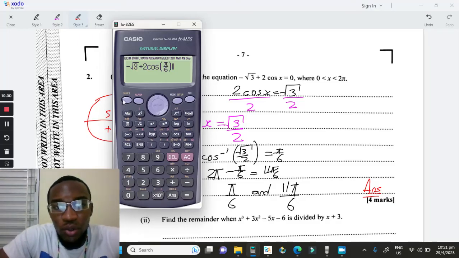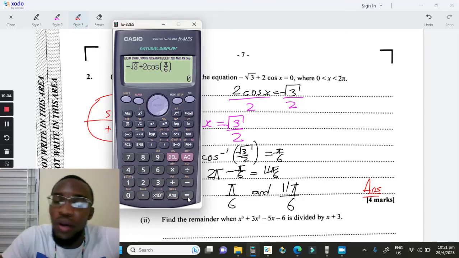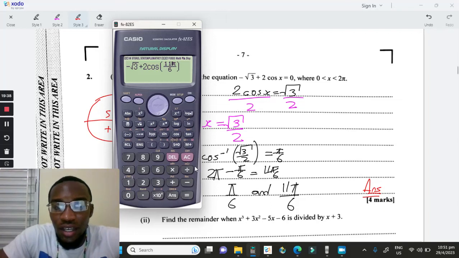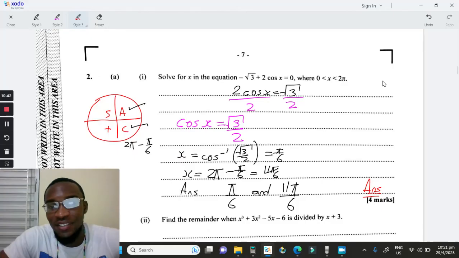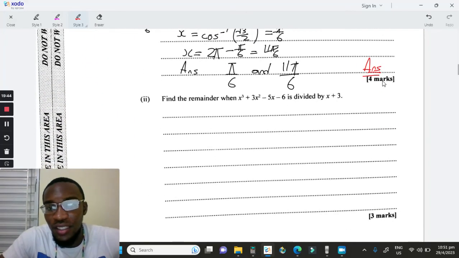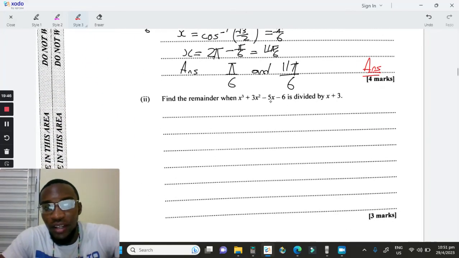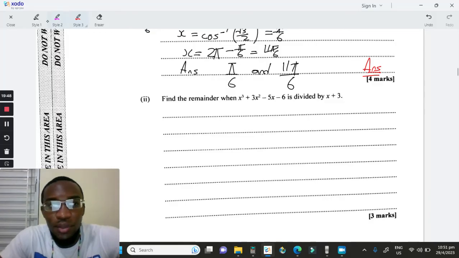And remember, your mode must be in radians. We get 0, so we know we're correct. And you can try with the 11 pi over 6, and we'll also get our 0. Really nice. This question now, it says, find the remainder when this cubic is divided by x plus 3.